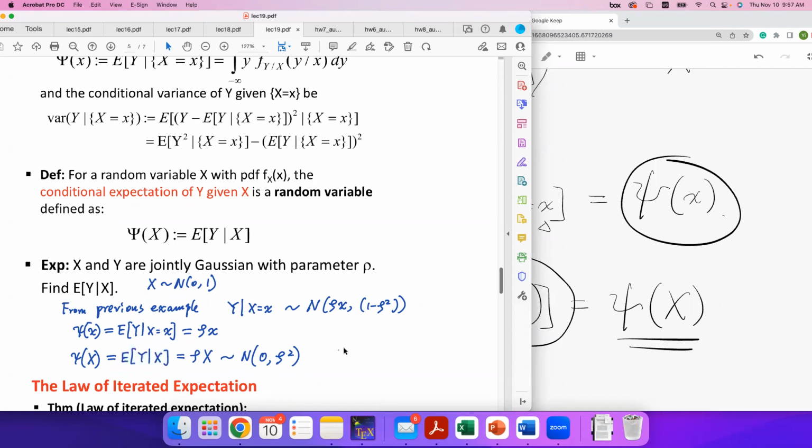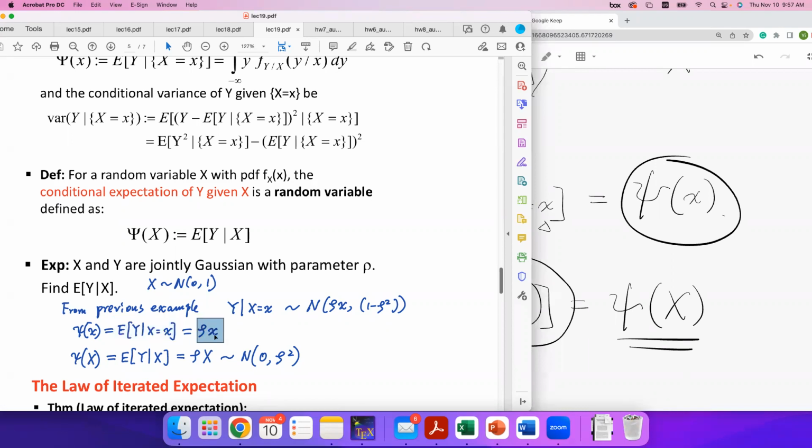So here I should emphasize that these two conditional expectations have different notations. In this one, we are conditioning on a very specific realization of the random variable x. So if you write it in this way, it is a real number. And in this example, this real number is given by rho times the realization of x.